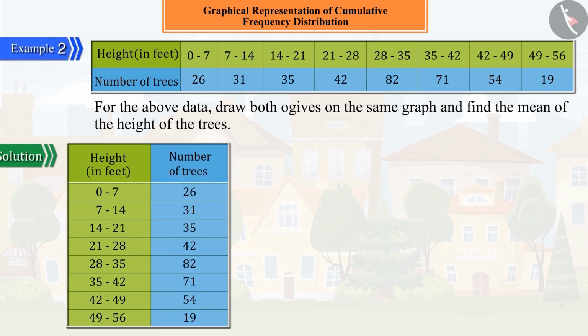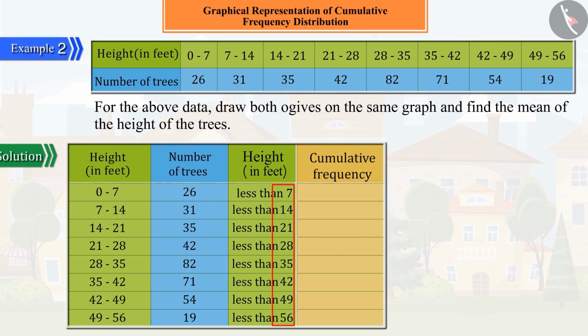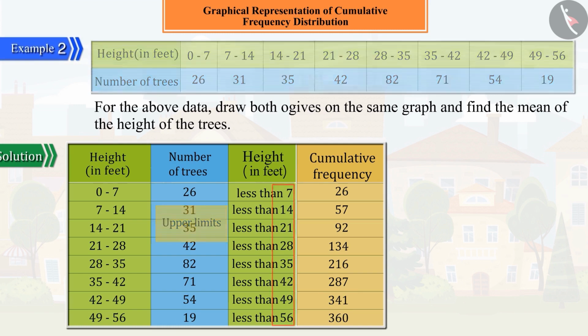With the help of the given distribution, we first construct a less than cumulative frequency distribution for less than type of ogive, where the corresponding upper limits of the class intervals are from 7 to 56.